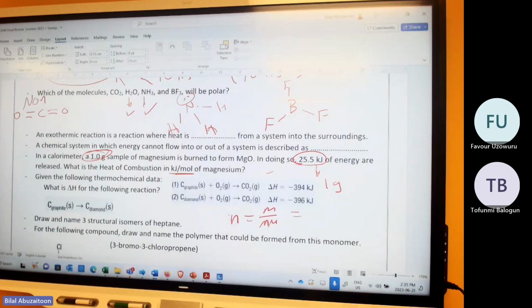The mass is 1 gram of magnesium over the molar mass of magnesium, 24.31 grams per mole. So 1 divided by 24.31 equals 0.041.